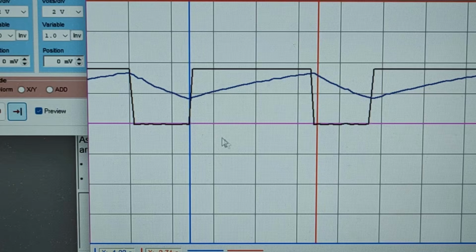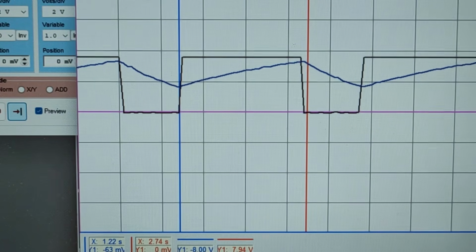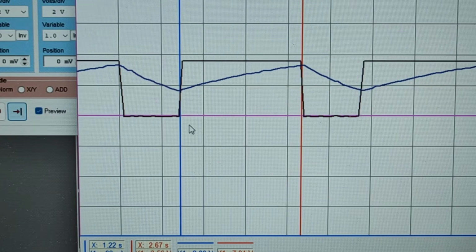So what I'll do is put the horizontal cursors so that the on state of our LED is in between these two vertical lines.